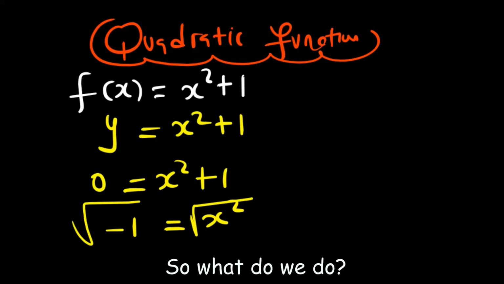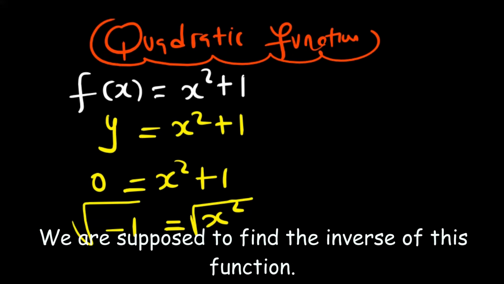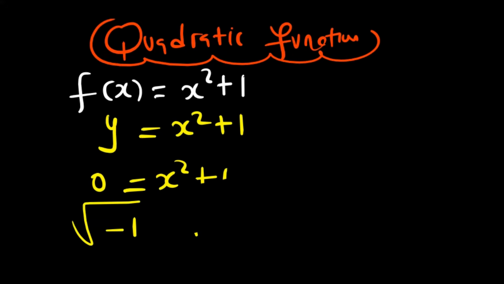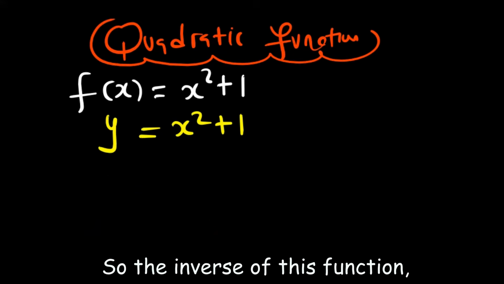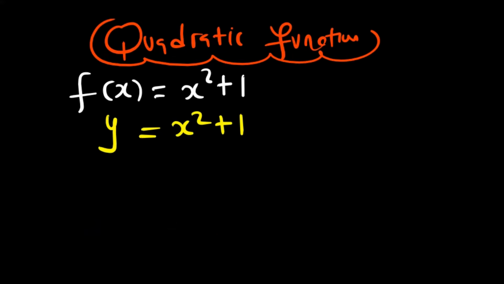So we are supposed to find the inverse of this function. It means we're going to make x the subject of the formula, right? So I'm going to have y minus 1 is equal to x squared. Then for me to remain with x, I'm going to square root on both sides.